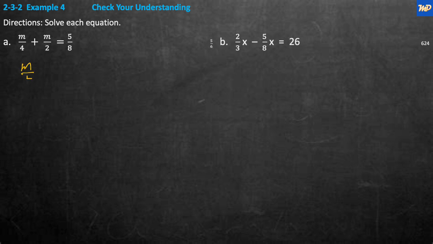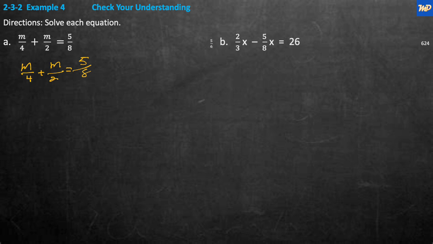M divided by 4 plus m divided by 2 is equal to 5/8. There are two methods we could use. Let's use the multiplication method here. We're going to multiply by the common denominator, 4 times 2 is 8, and it works out nicely because there's an 8 over here.